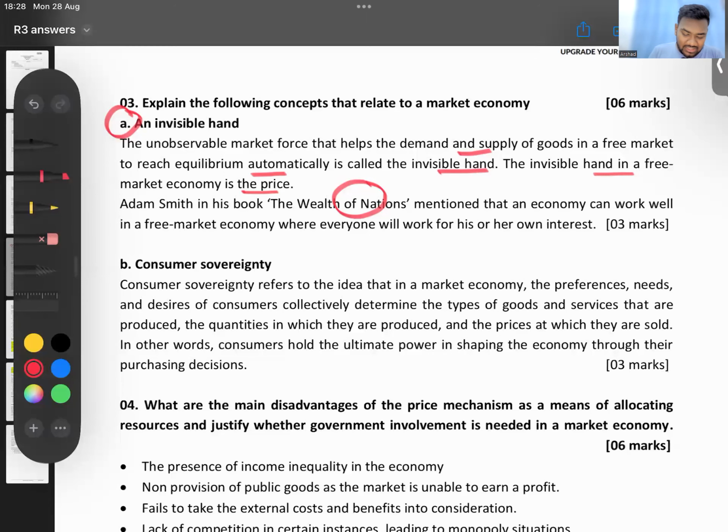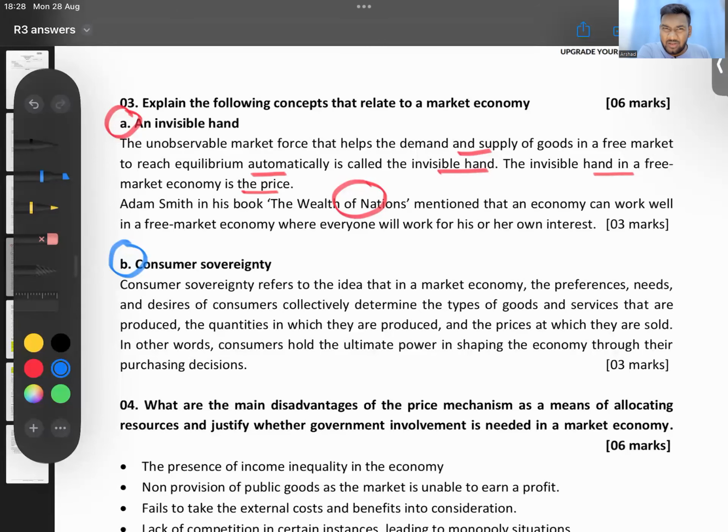Then, what is consumer sovereignty? Consumer sovereignty is that the consumer is the main person in the economy. In a market economy, we say there is consumer sovereignty. That means the goods and services that the producers produce depend on what the consumers want.